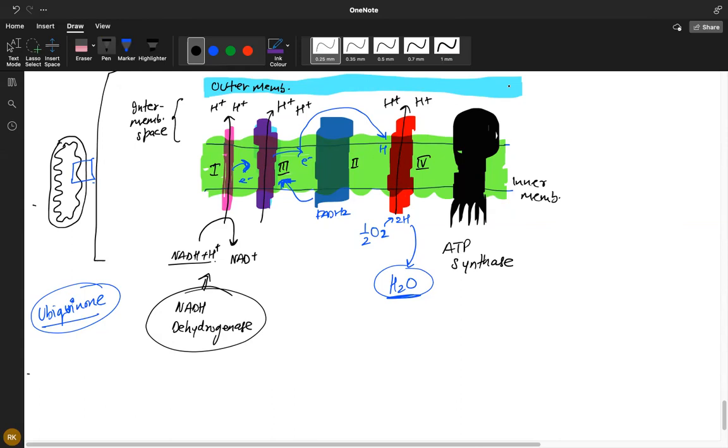Is it clear? The final one, which is the ATP synthase, we call it the complex 5, just by naming. This is the complex 5, but remember the name, it is called ATP synthase. Now will happen the most important thing.